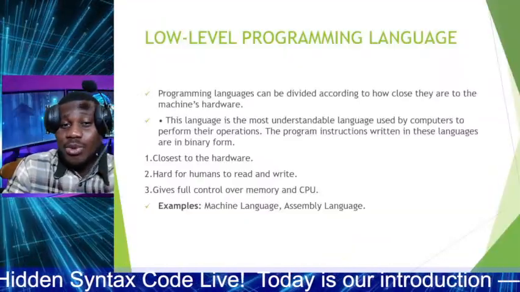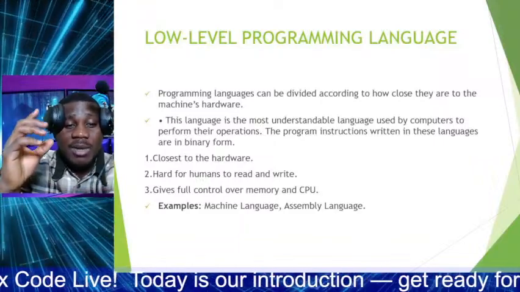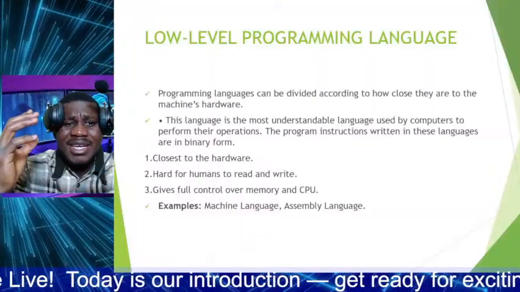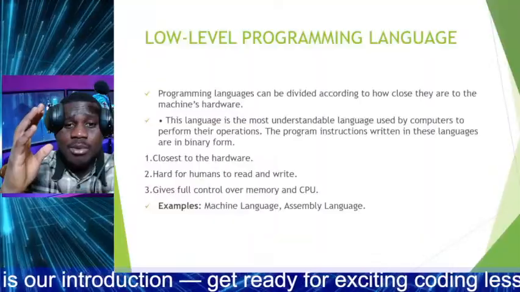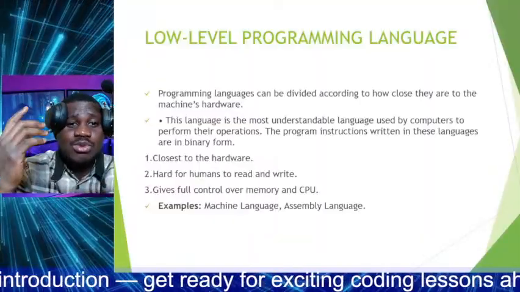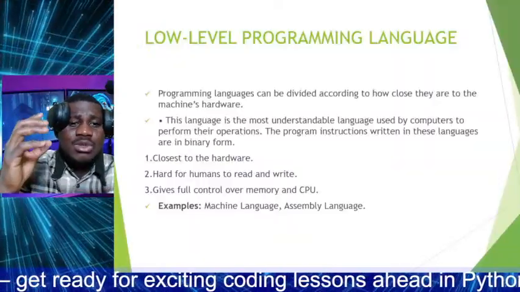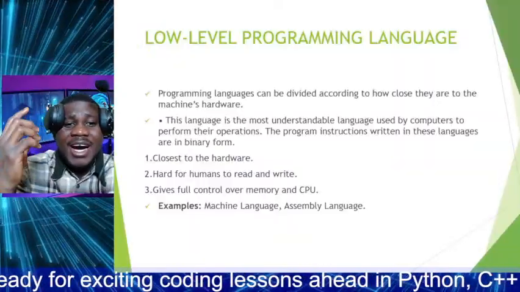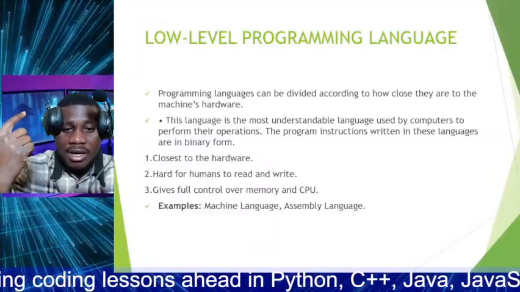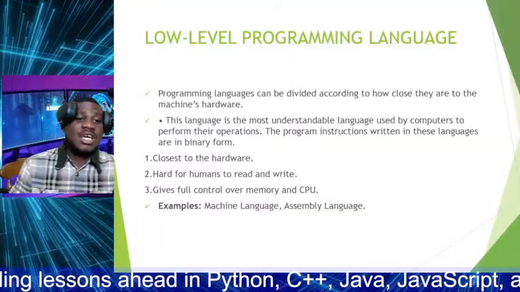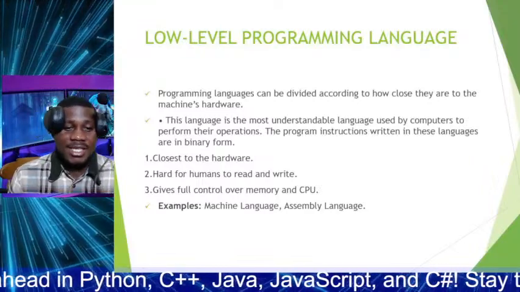It is the most understandable language used by computers to perform their operations. Their features: closest to the computer hardware, hard for humans to read, and gives full control over the computer memory and the CPU. Some of the low-level programming languages are machine language and assembly language.